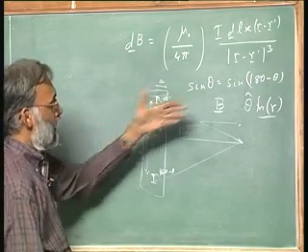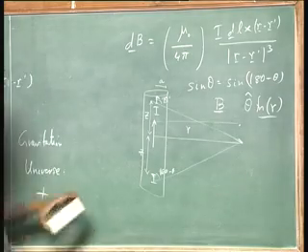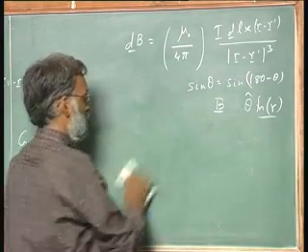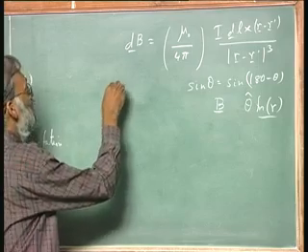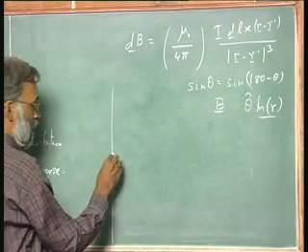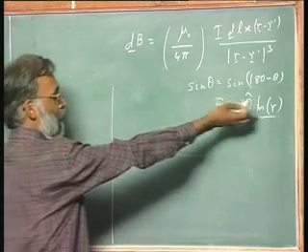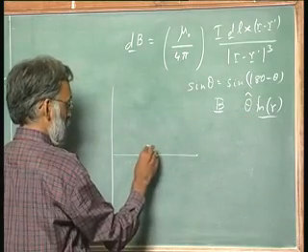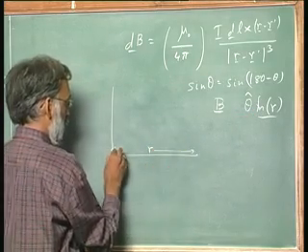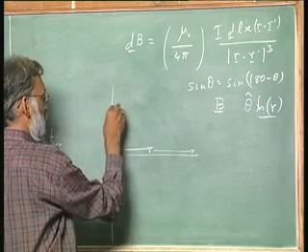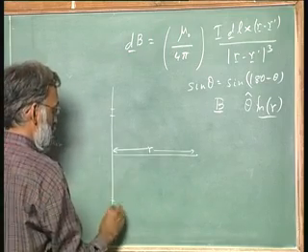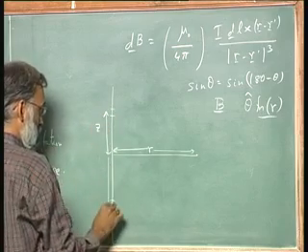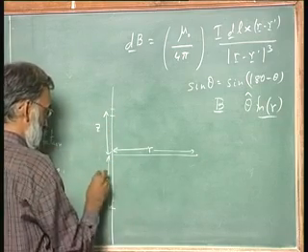If I now try to calculate this number, let us see what I get. I have my wire, and because it can be for any z, I am going to choose z equals 0. This is r, and I am taking a piece that is z above and z below.